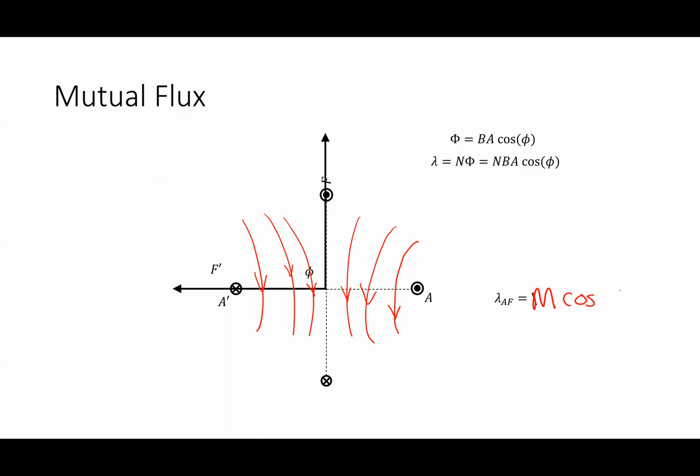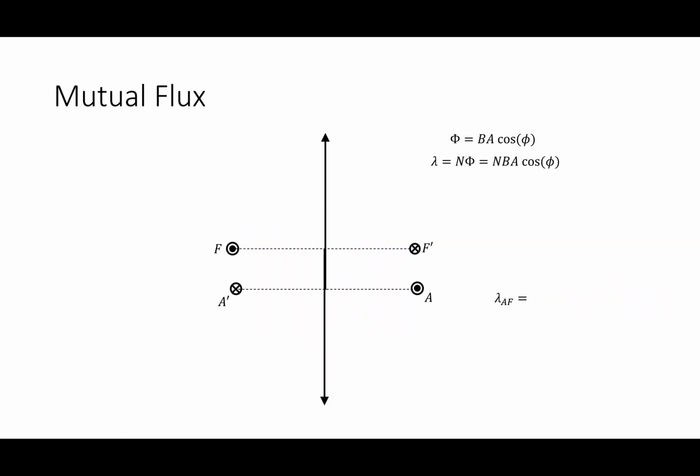What's my phi value here? 90 times IA. Which is just 0, right? What about this picture? 180, right? So this would be M cosine 180 times IF, which is to say that this is negative M, sorry, times IA.